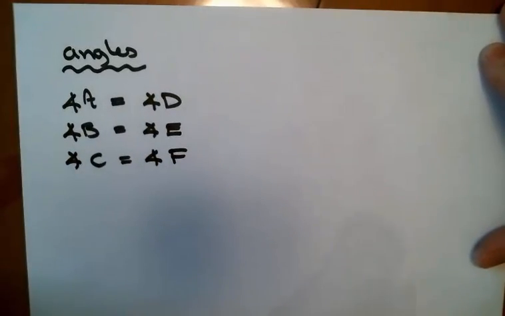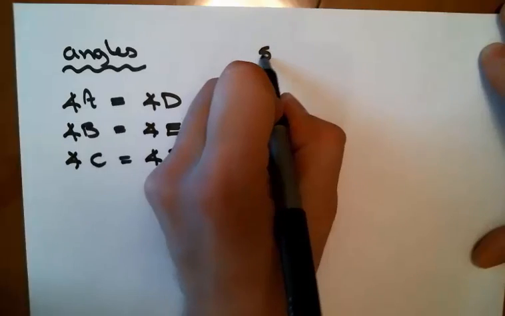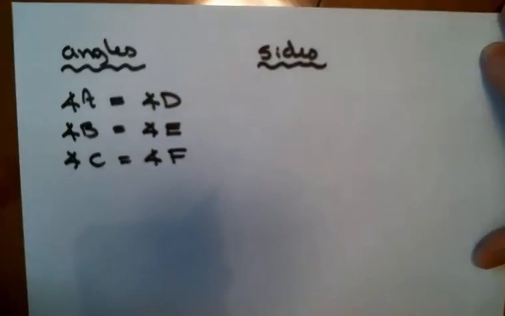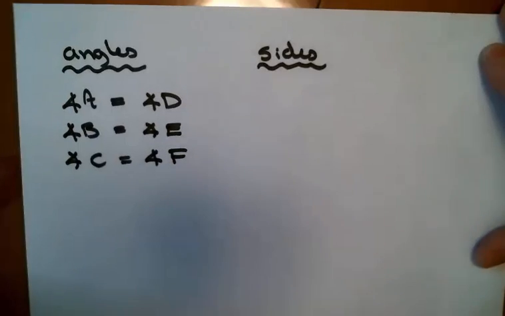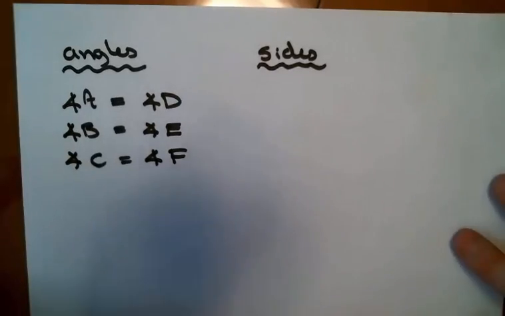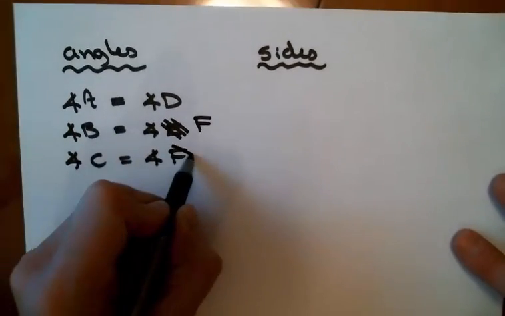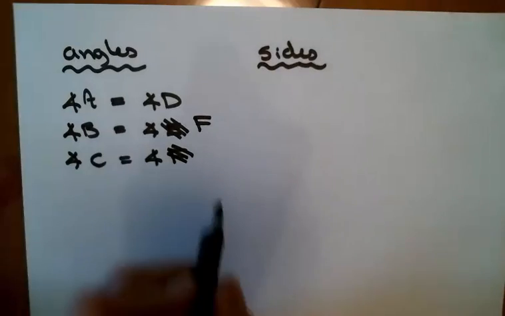And as for sides, you write it out like this. Sorry, quick change. B is actually corresponding with F, and C corresponds with E. So we just had them reversed.